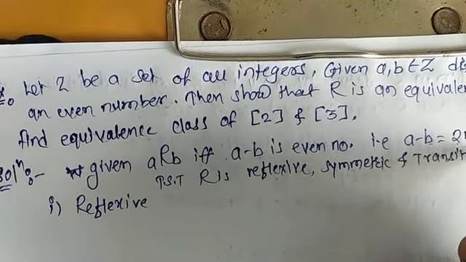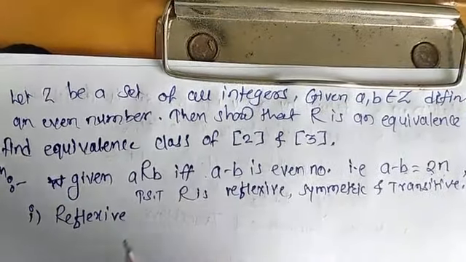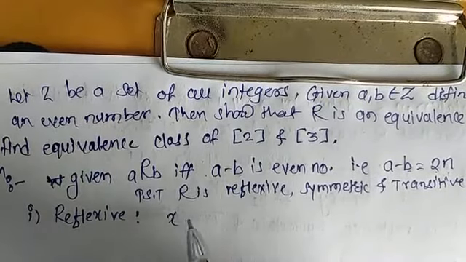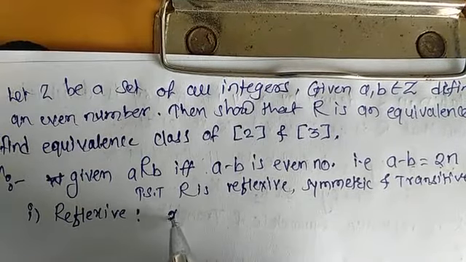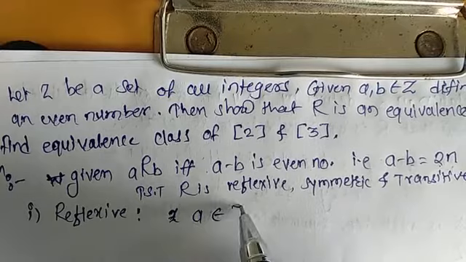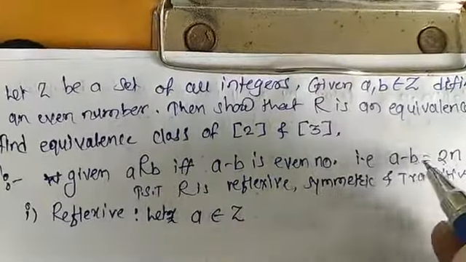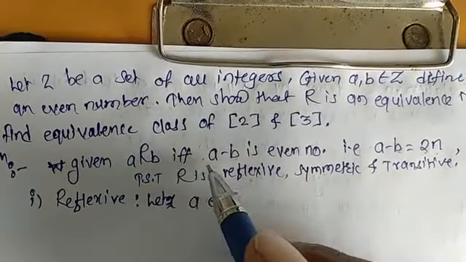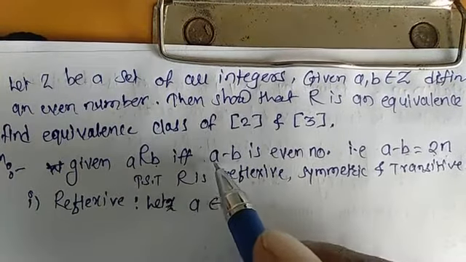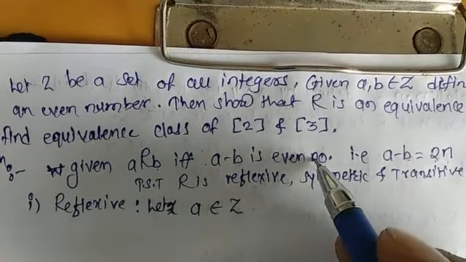Okay, so here for reflexive we have to consider any one element. Let a belong to Z. The relation is defined by a is related to a only if a minus a is an even number.